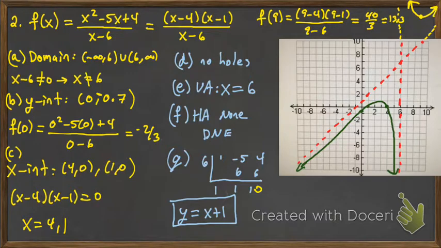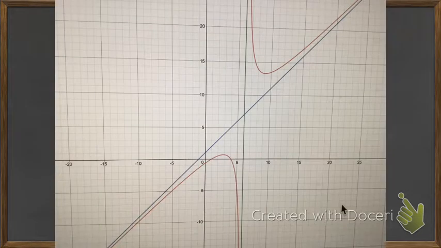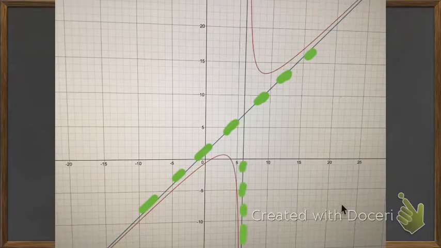All right. And I think I pulled up Desmos, and I used it to graph it. So here's what it looks like. Here's your slant asymptote, your vertical asymptote, and we were able to do a pretty good job. Here's that 0 and 0.7.